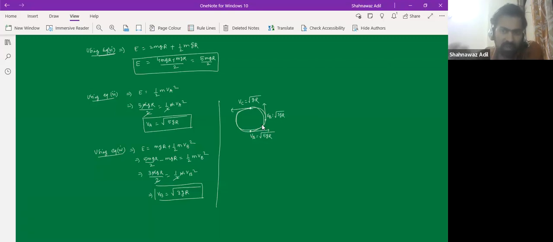In that example, I was not providing this critical speed, VA, root 5gr. If I would have provided this velocity, then it would have completed one rotation. And this speed is maximum, then it decreases, and at this point the speed is minimum.